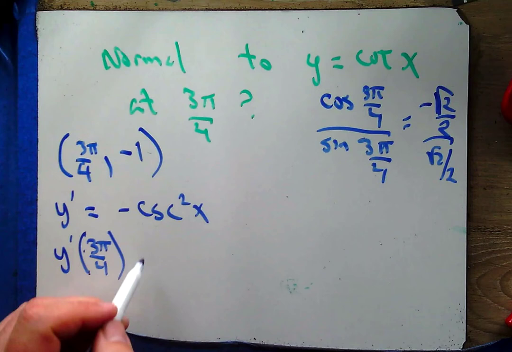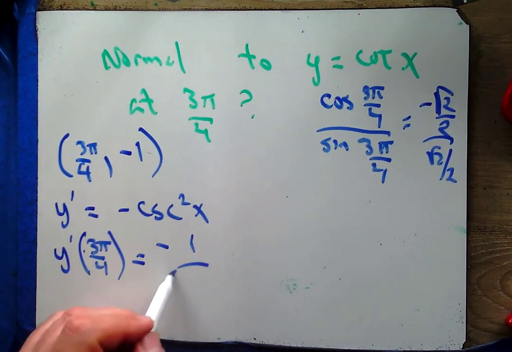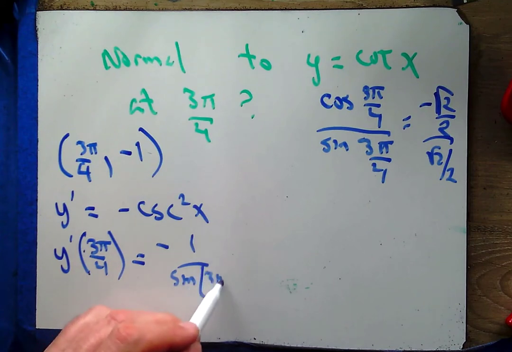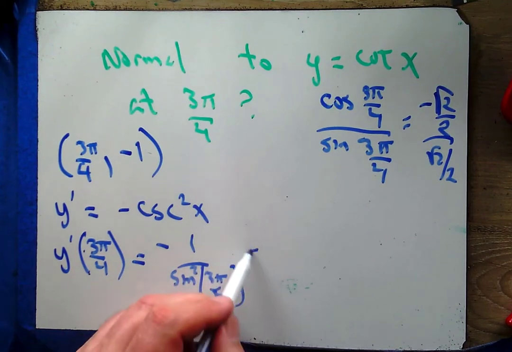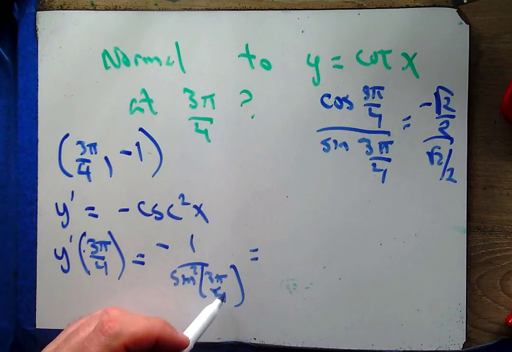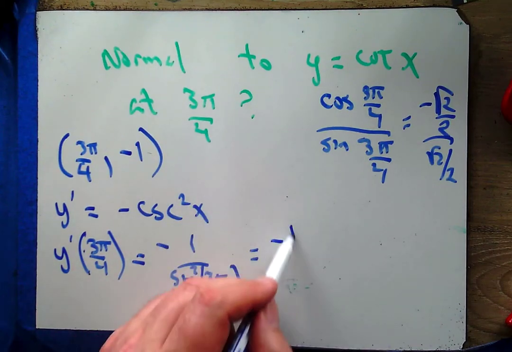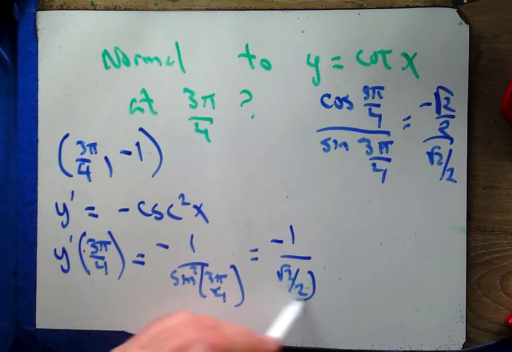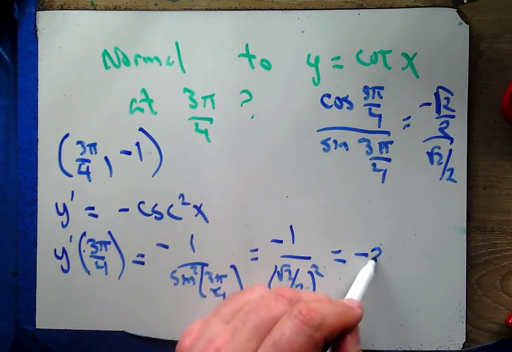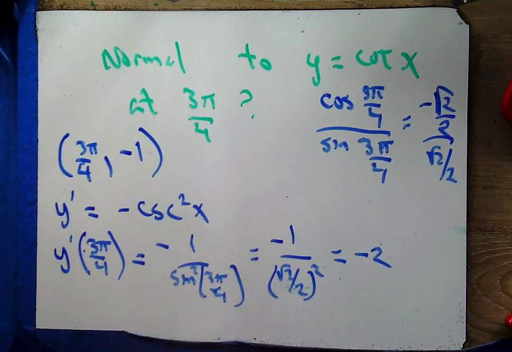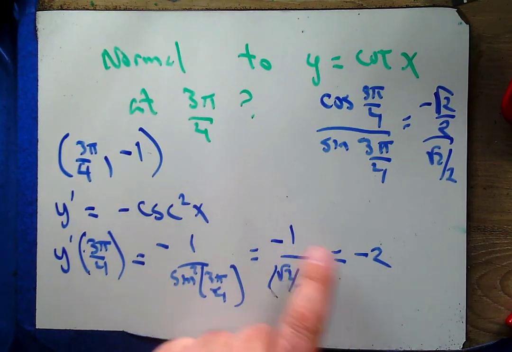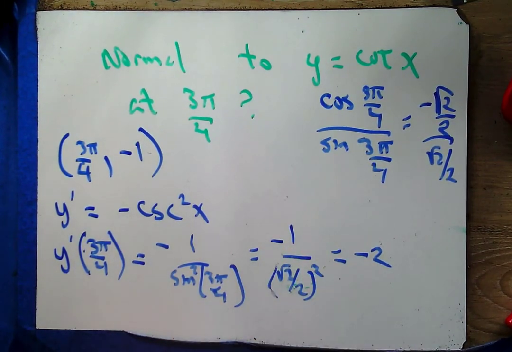And so that's going to be negative 1 over sine 3 pi over 4 squared. The sine of 3 pi over 4 is root 2 over 2. So I have negative 1 over root 2 over 2 squared, which turns out to be negative 2. Right, because this is that same process we had for tangent, where we get 2 over 4, and then we flip, and we end up with 2, but ours has a negative in front.